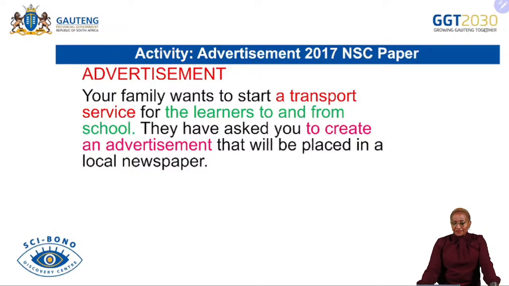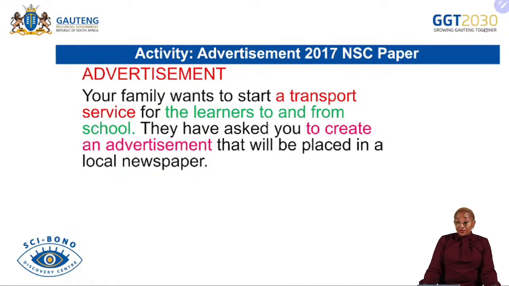Let's read that again. Your family wants to start a transport service. For who? For the learners to and from school. They have now asked you to create an advertisement that will be placed in a local newspaper. That is our brief.